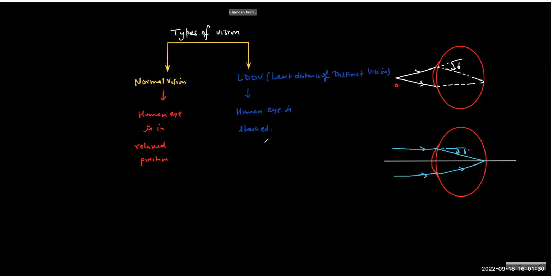I mean, with age, what happens? We are not able to adjust the eye lens focal length much because we have a limitation. The weakening of ciliary muscles over the age takes away this ability to accommodate, and that leads to something called presbyopia or hypermetropia.